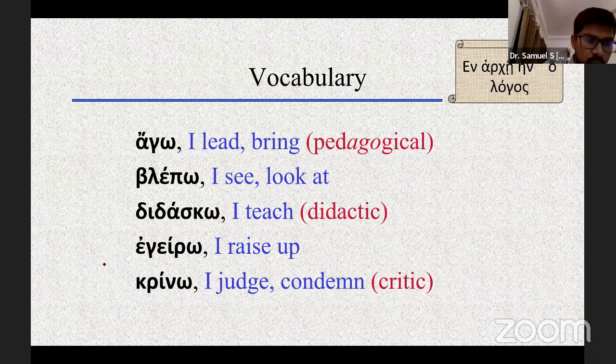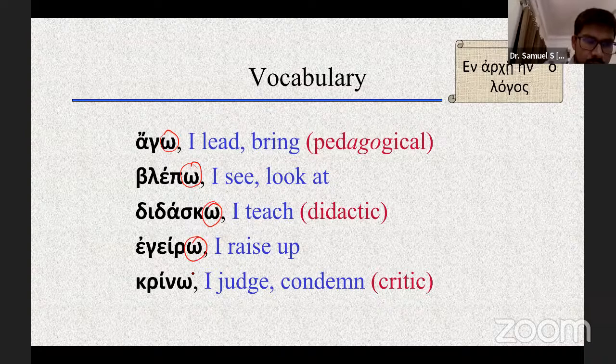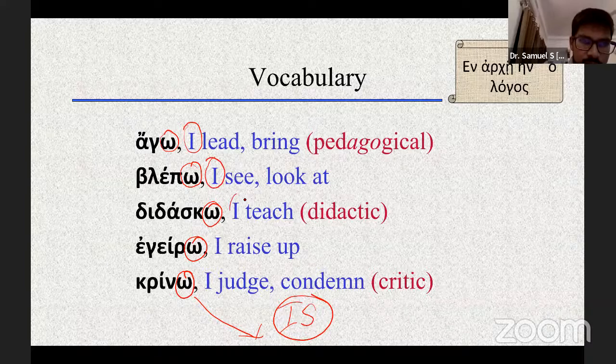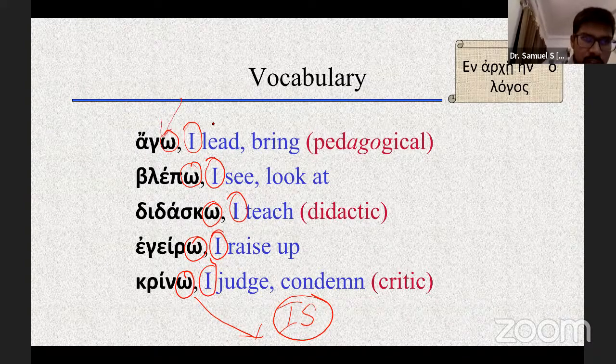Do you notice that all these verbs are ending with omega? And this omega is actually telling us that it is first person singular. So all of these are in the first person singular, I. Now, whenever this ending changes, the person and number also will change.